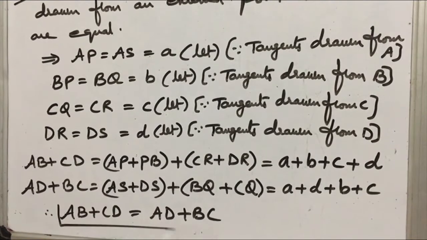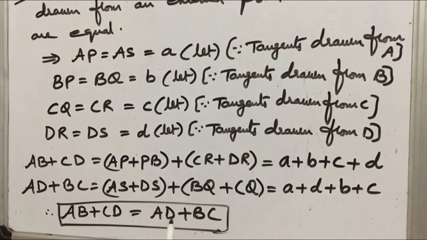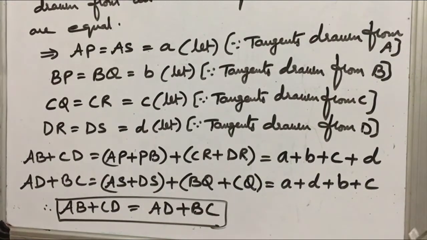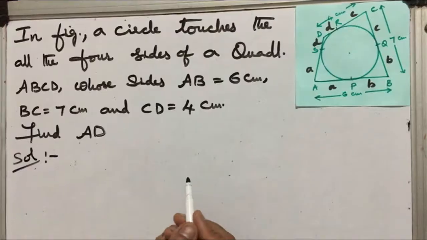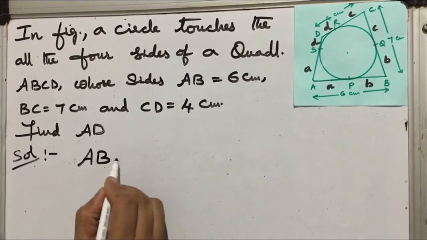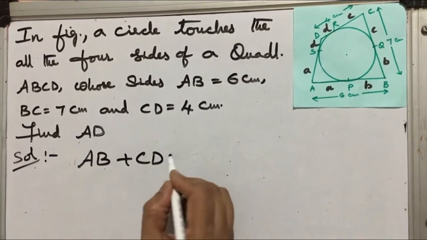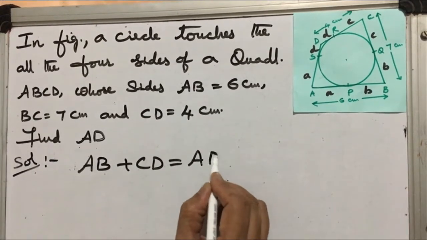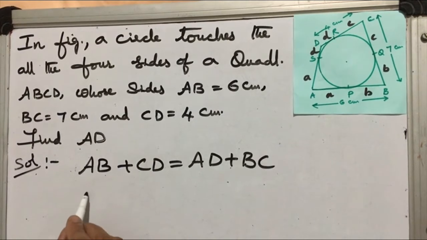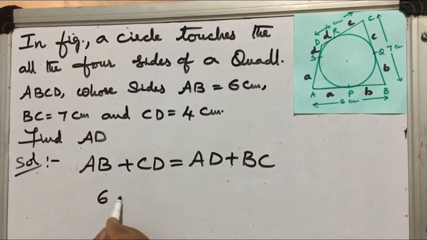This is one of the important results which we use in this problem. So by using this one, let us find out the AD value. By using this result, AB plus CD is equal to AD plus BC, you can find out the length of AD. So AB is how much here? 6.